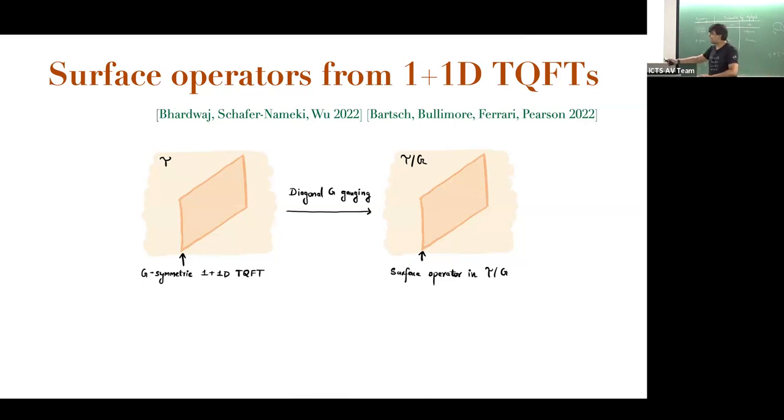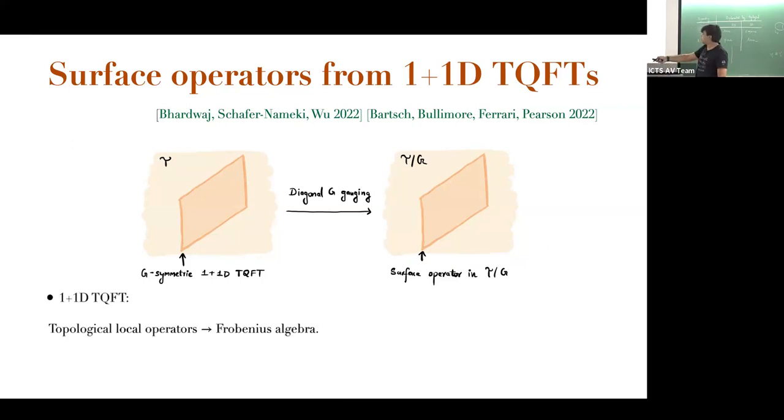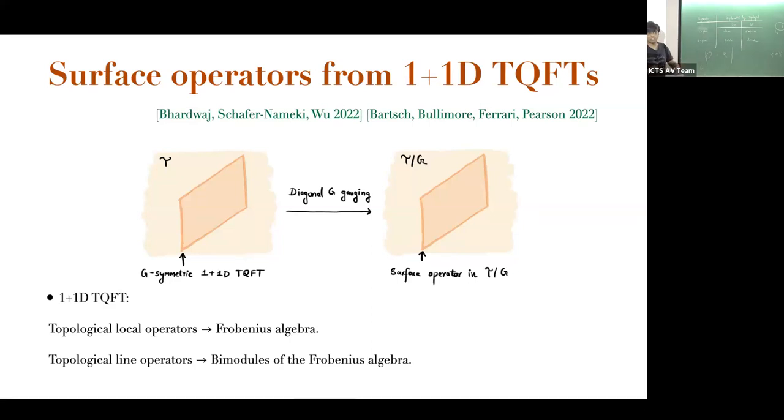There's a completely explicit classification for these. And in a 1 plus 1D TQFT, we have local operators and line operators. That is the data that we have in a 1 plus 1D TQFT. It is known that local operators are determined by a Frobenius algebra. So the local operators, their OPE, their 2-point function, everything is determined by a Frobenius algebra.